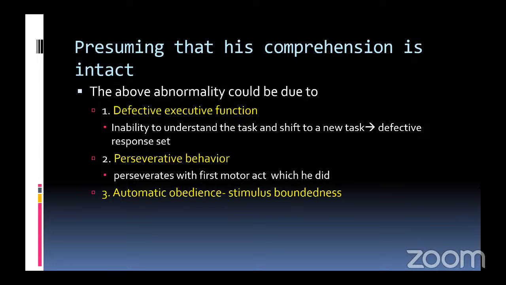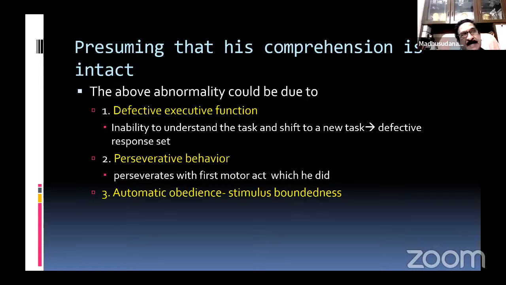Okay, sir. So how to differentiate from Wernicke's aphasia? What he said is perfectly right. If he has got a comprehension problem, you cannot assess any of these mental functions. But here, from the history, comprehension is okay. That's what I initially said. Presuming his comprehension is intact, only then can this abnormality be given.